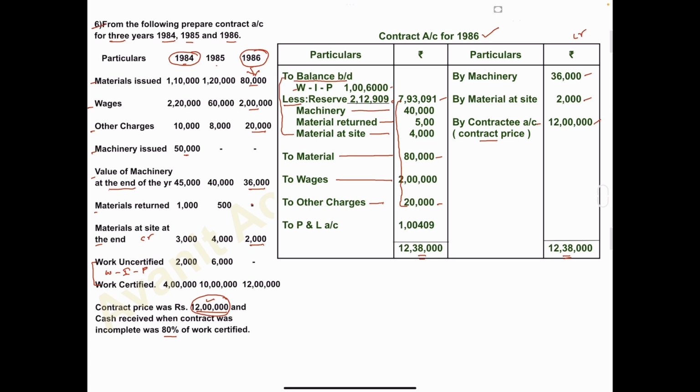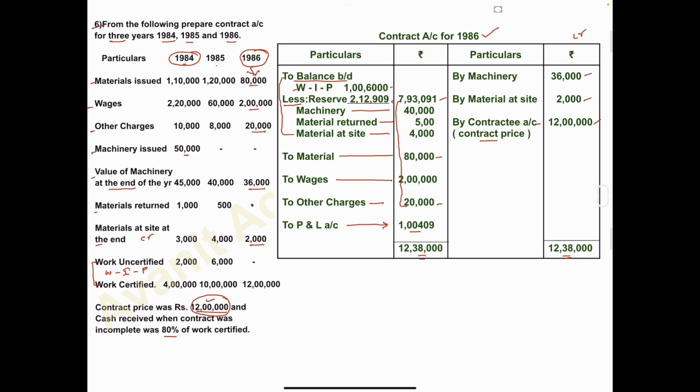And you will get the difference amount, 4 lakh 409. So this 4 lakh 409 entire amount is transferred to profit and loss account. Why? When the contract is completed, the entire profit amount is transferred to profit and loss account.